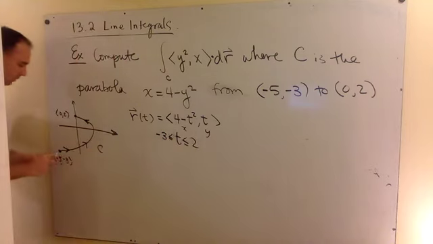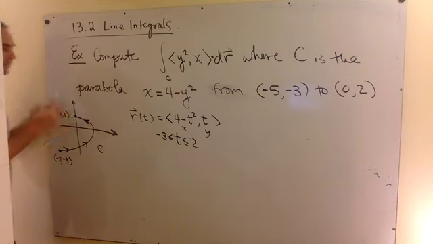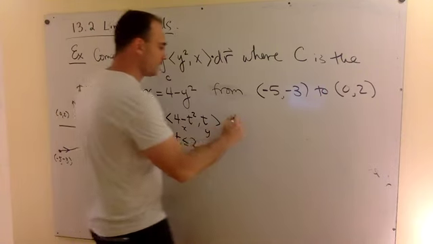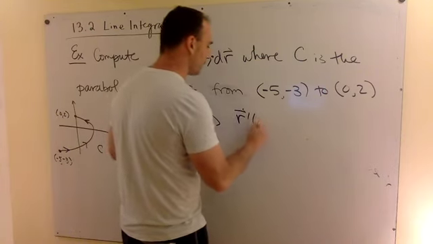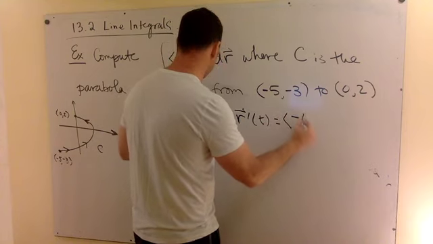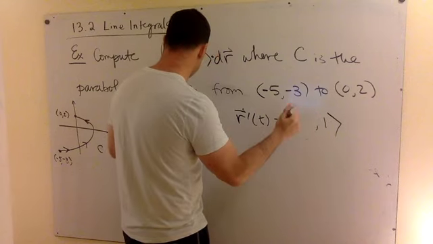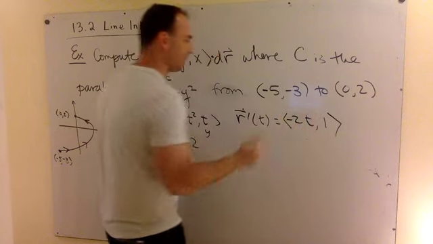When t equals negative 3, I end up down here, and as t gets bigger up to 2, I go up to that. For my vector line integral, I also need to compute my derivative, which is negative 2t. There you go.